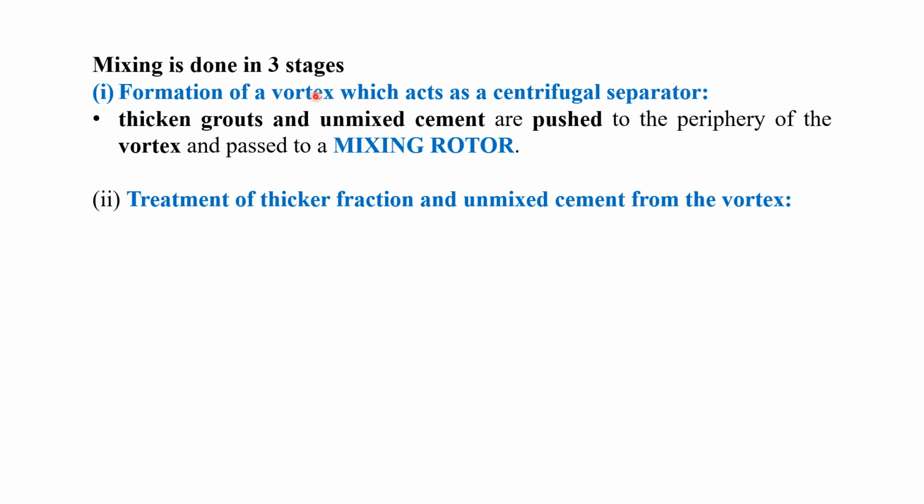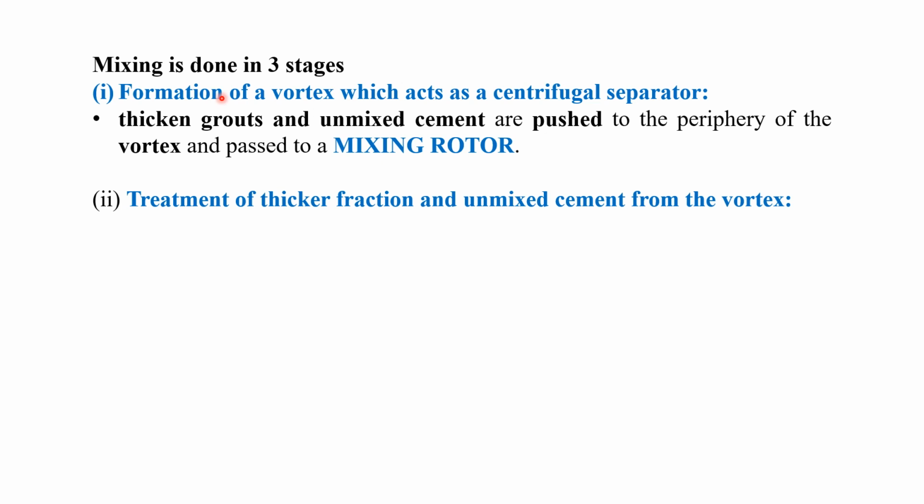In the first case, vortex motion is generated. That means the thickened grouts and unmixed cement are pushed to the periphery of the vortex and passed to a mixing rotor.